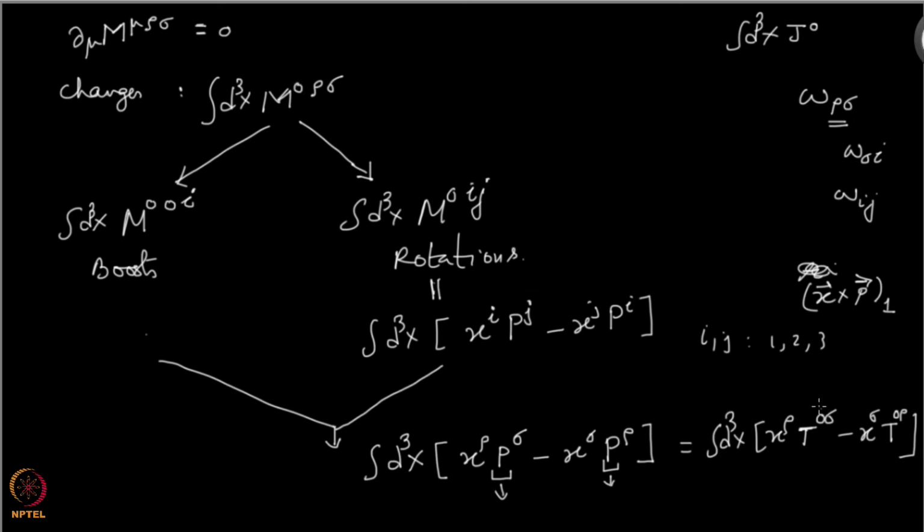You see this is still 0 and that is 0, and it is easy to now guess what the general expression for M^mu rho sigma would be. You just put in place of the zeros a mu. So you guess that M^mu rho sigma, which is the current corresponding to Lorentz transformation, should have the form something like this.